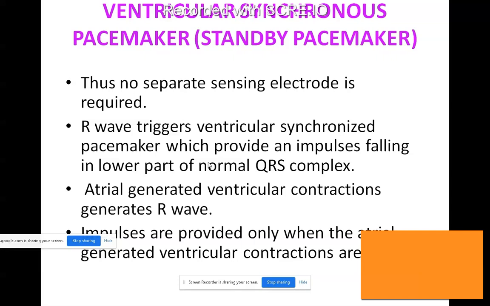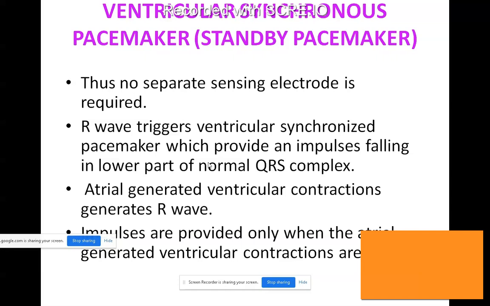Atrial activity generates ventricular contraction, which generates the R wave. That means the atrium will generate the ventricular contraction. Contraction means emptying the ventricular part to generate the R waveform.